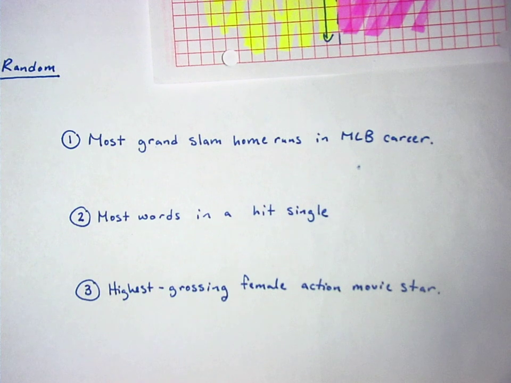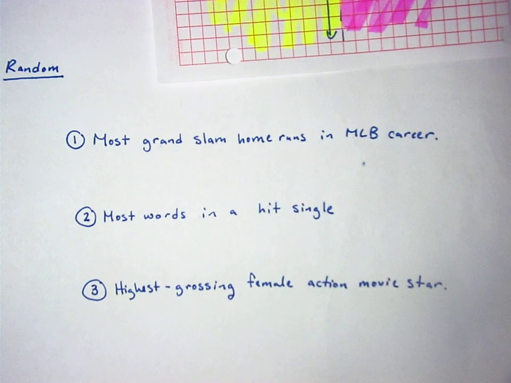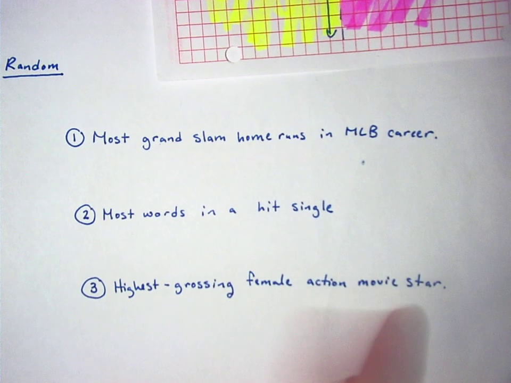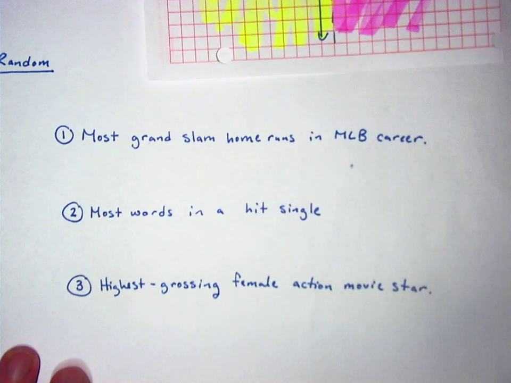The second one is the person who's had the most words in a hit music single. So the most words in a single song, and it's a hit single. And number 3 is the highest grossing, that means the person who's made the most money, being a female action movie star. All right, pause, make your guesses. Ask your parents if they know what it is.